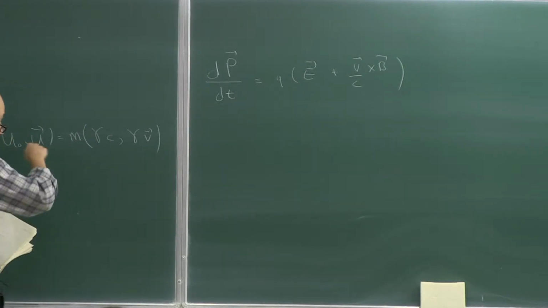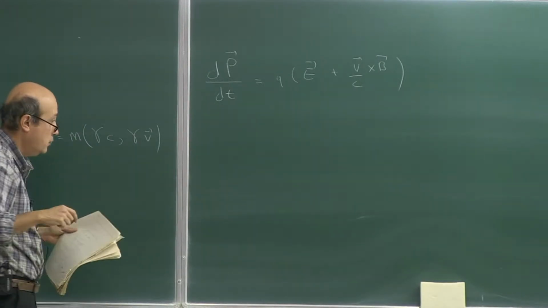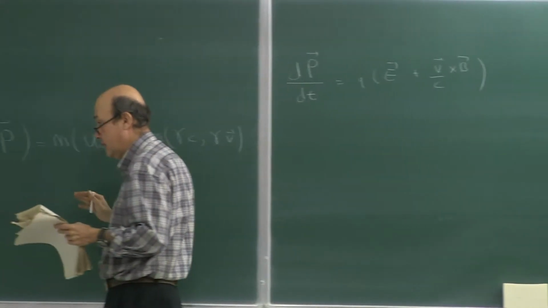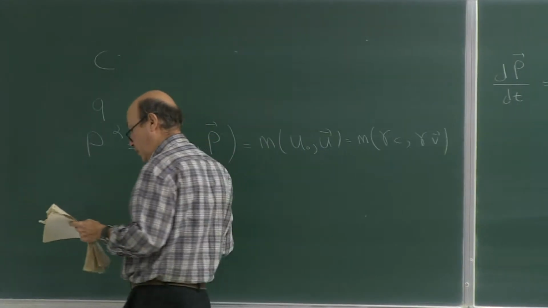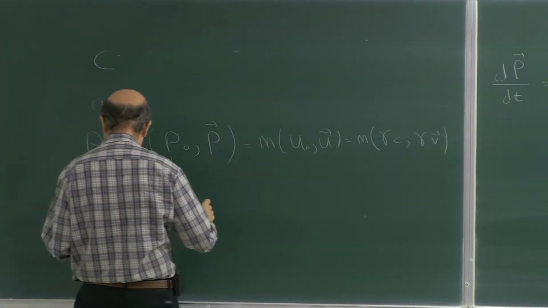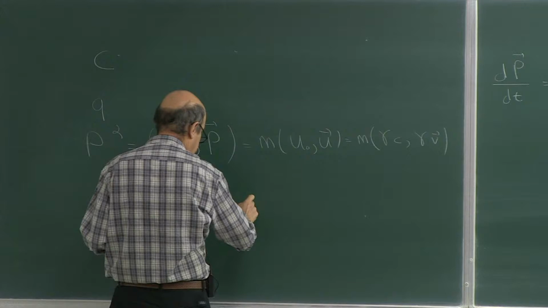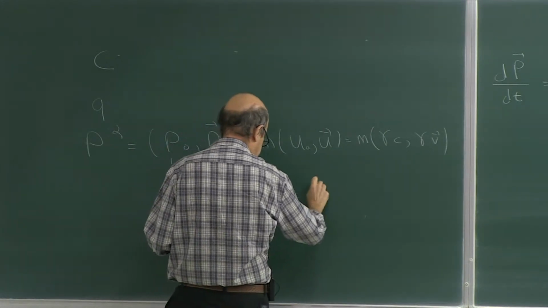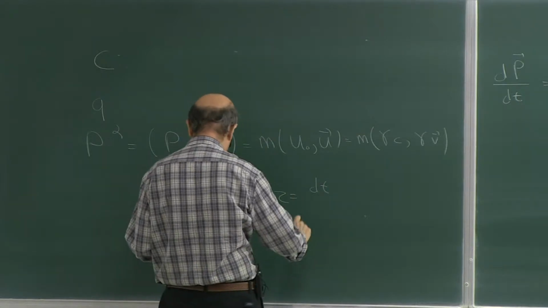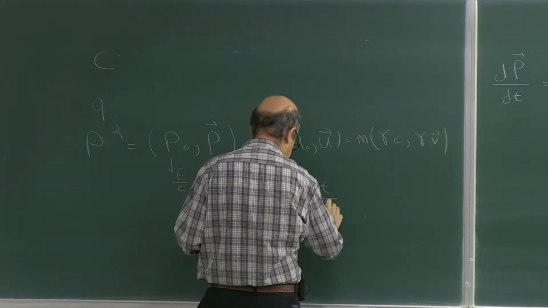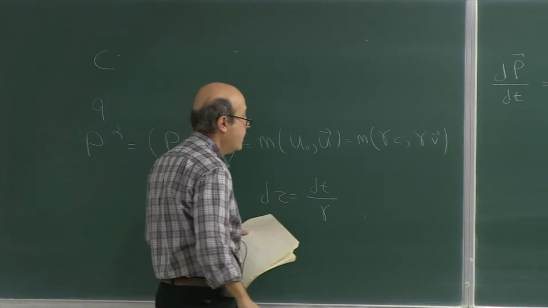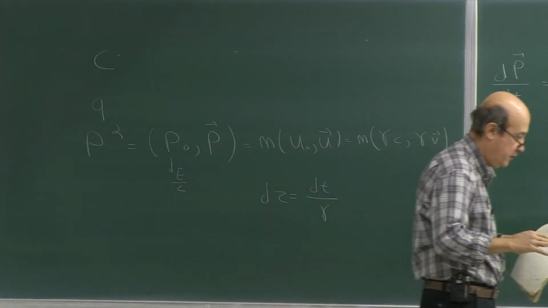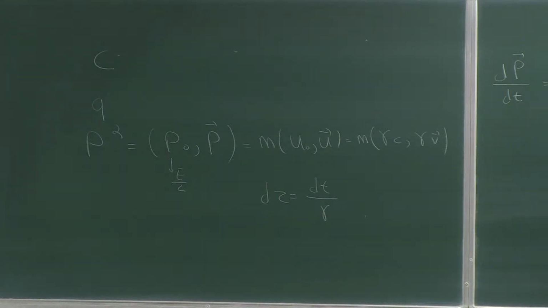This is the Lorentz force with respect to time, but we are not happy with time, because time is different in different coordinate systems. We have a universal scaling, the proper time d tau, which is dt over the Lorentz factor. Everybody agrees that the proper time is the same.